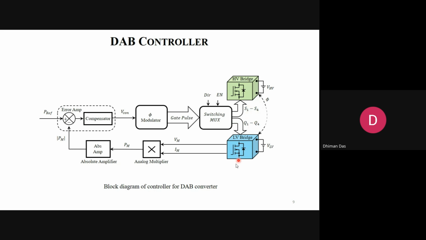Since it is used for the power controller, you need to multiply voltage and current and convert it into power. Since it is a bidirectional converter, this power can be both plus and minus.